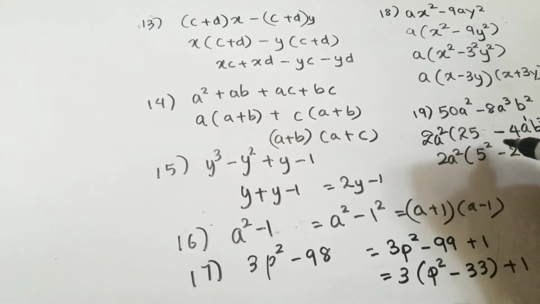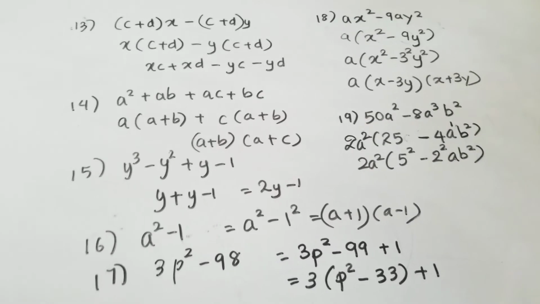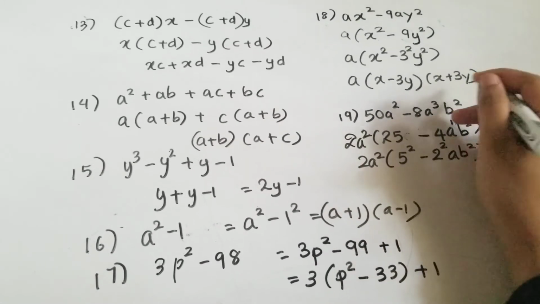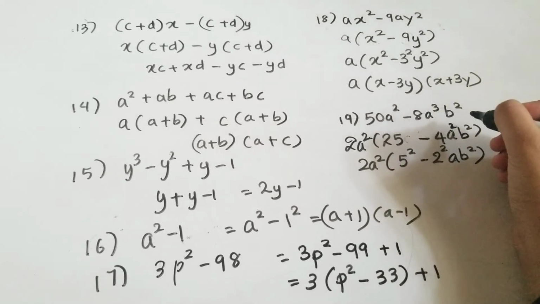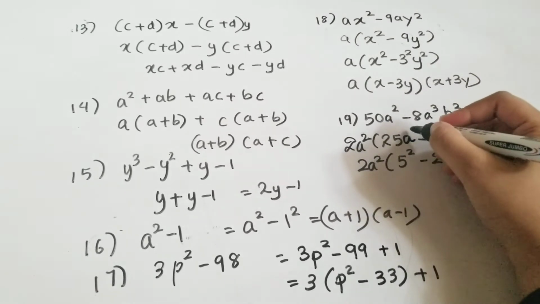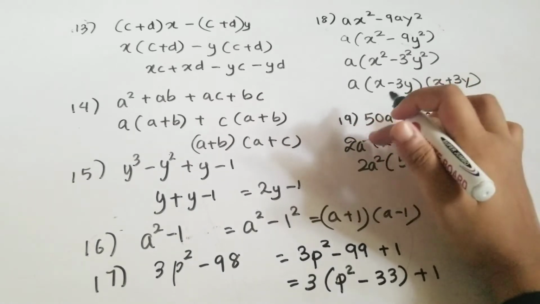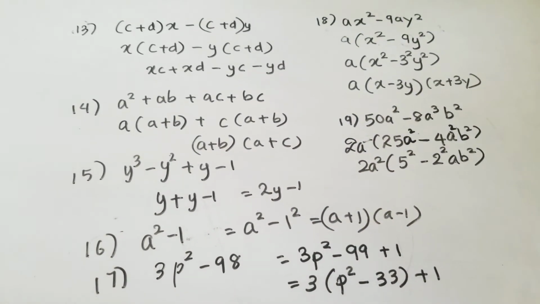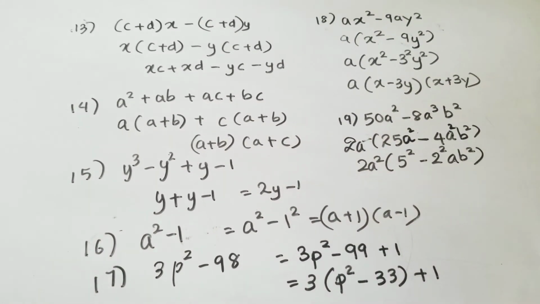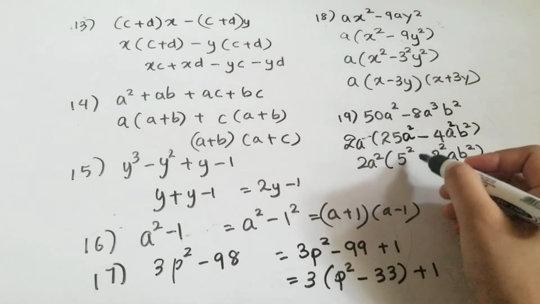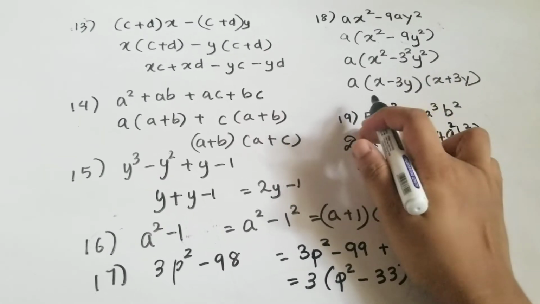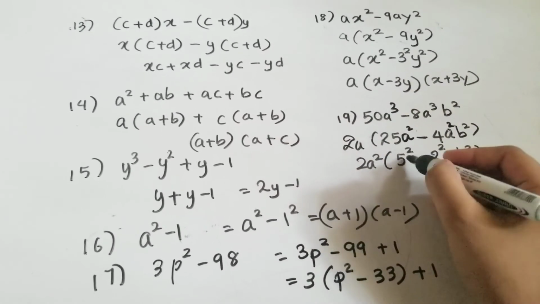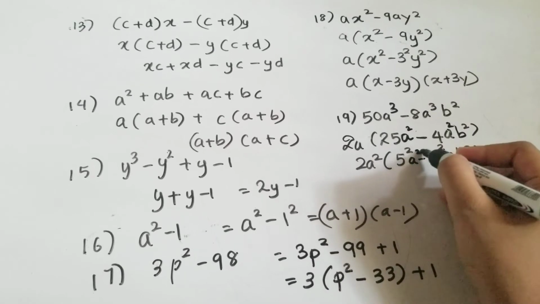To get a good answer, we have to put a to the power 2 here, and here also a to the power 2. Into a to the power 2 means a to the power 3 comes. It's also a small issue there. We'll make this one a to the power 3. Then we can get the answer in the best way.